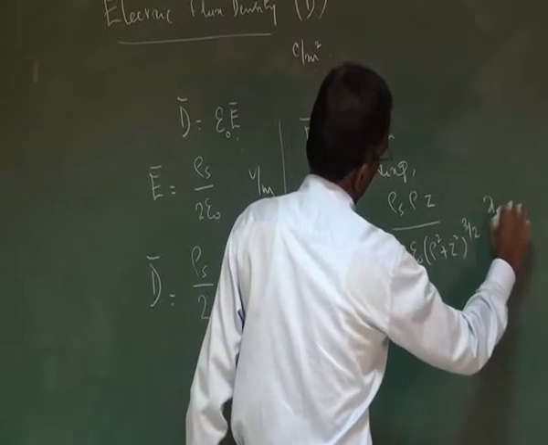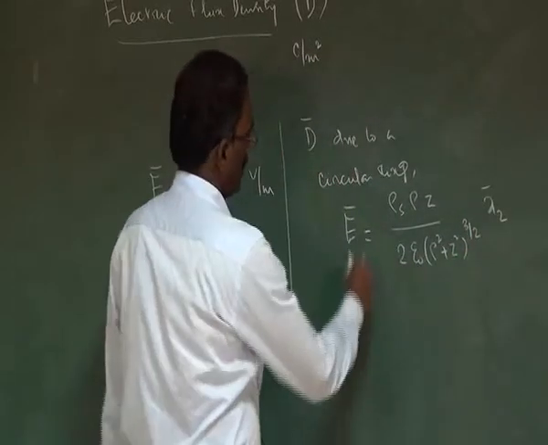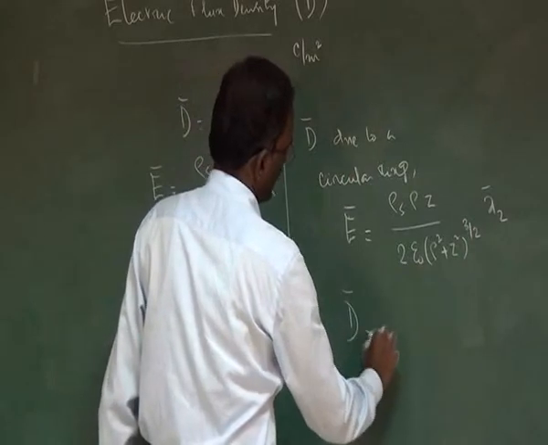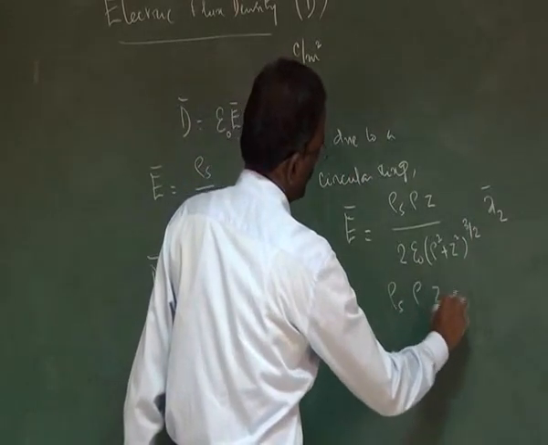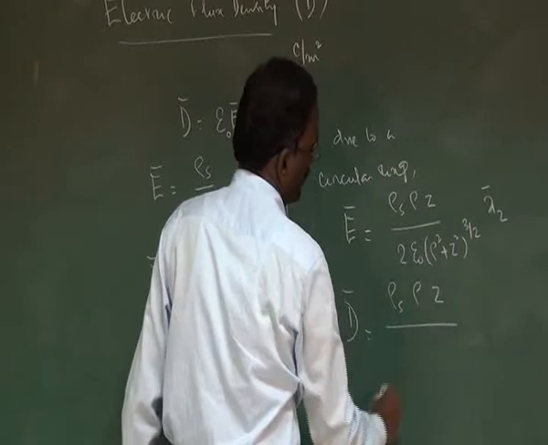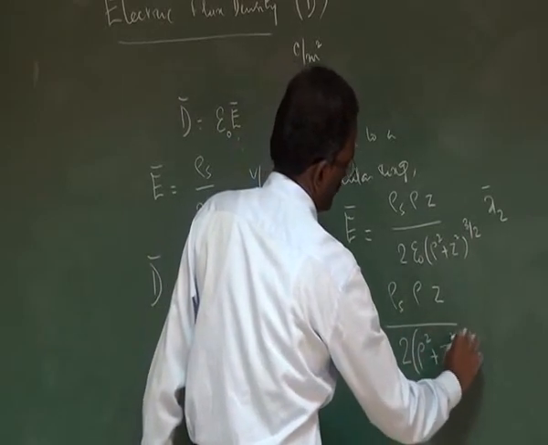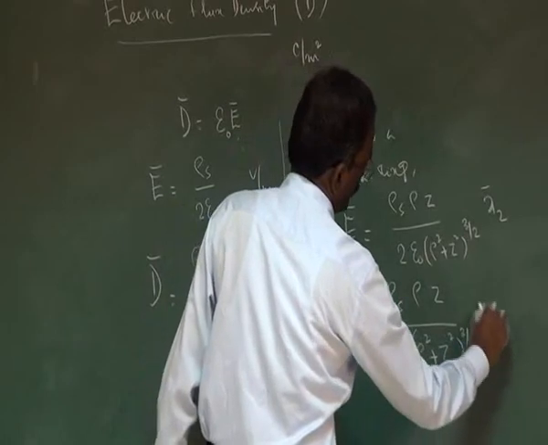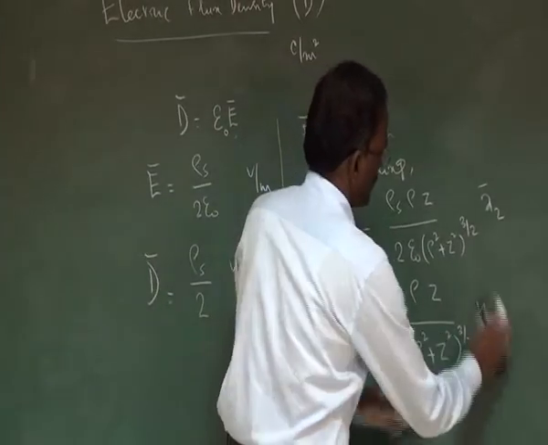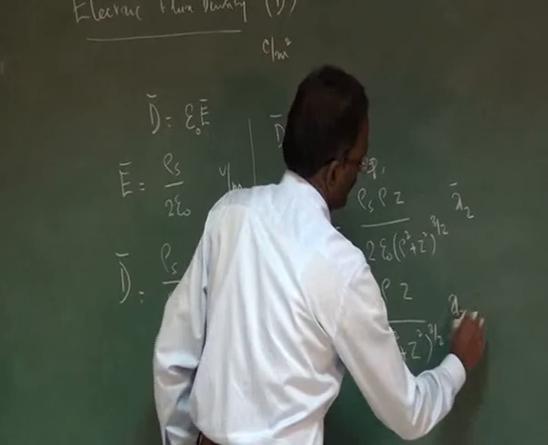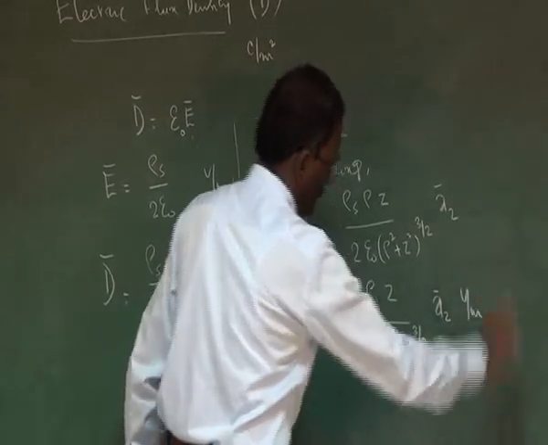This is the result we have seen for the circular ring. So from here I will write straight away d bar is equal to rho s rho z. You just remove epsilon O from here. 2 of rho square plus z square power 3 by 2, in the direction of unit vector a z bar.